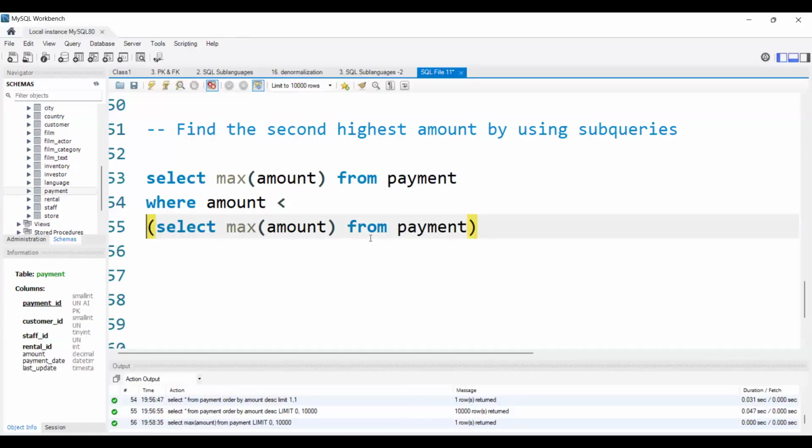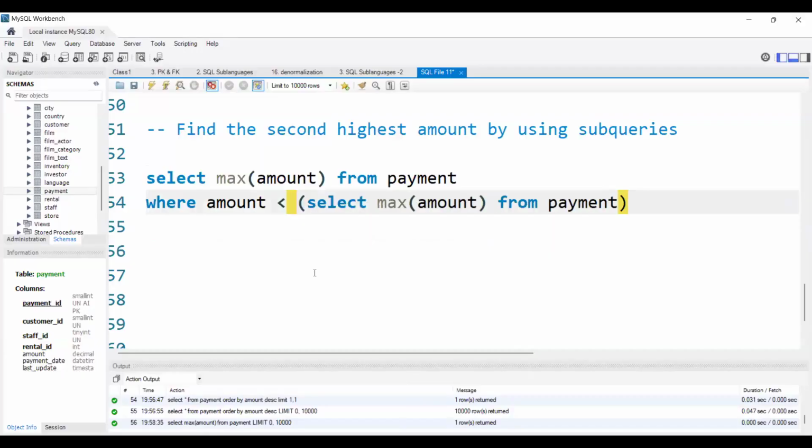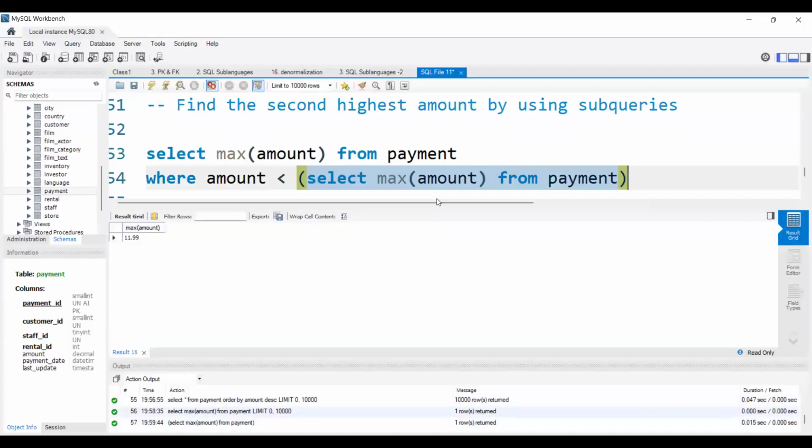As I said previously, whenever we write any subquery, first SQL will execute the inner one, and whatever output I get from it will be provided as input for the outer one. Right now SQL will just execute SELECT MAX of amount FROM payment. Let me execute this. I got 11.99.